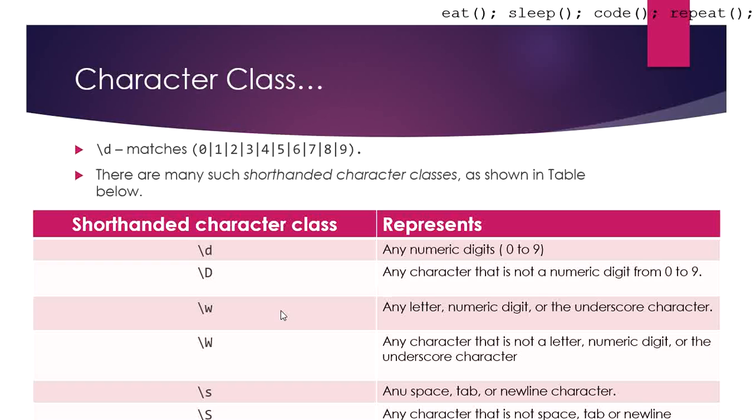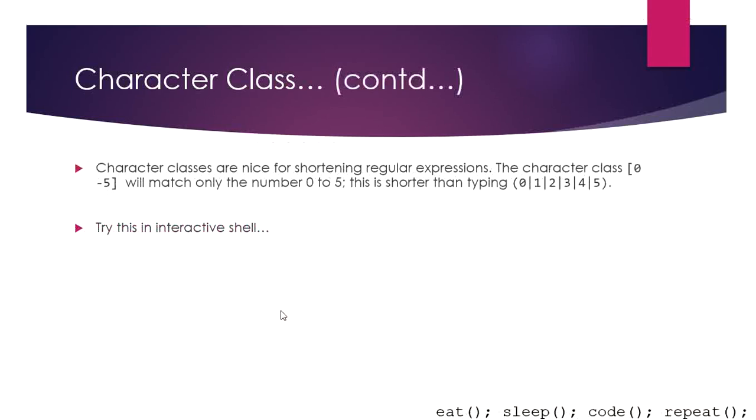So this is character class. We generally don't write 0 to 5 in brackets for digits, we are going to write backslash d instead. We have an example over here, where we are going to create our own character class.